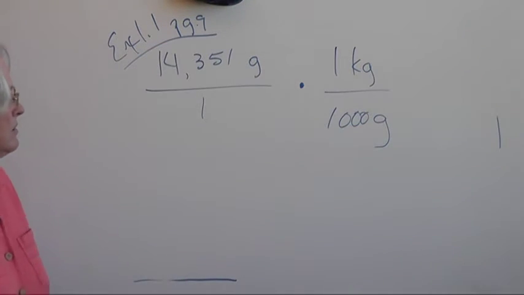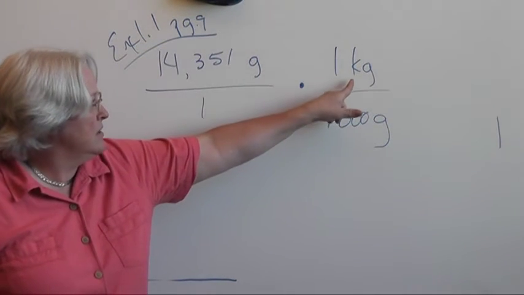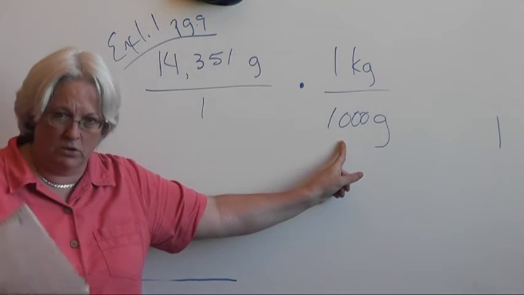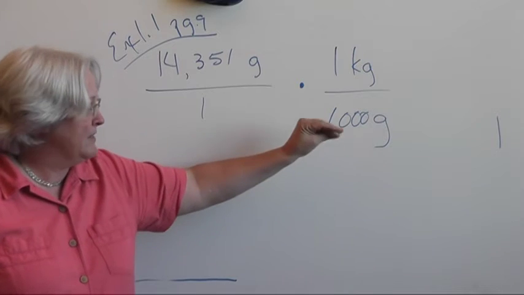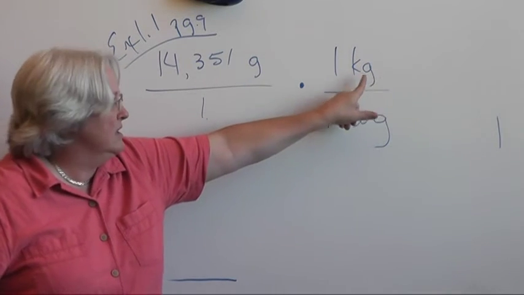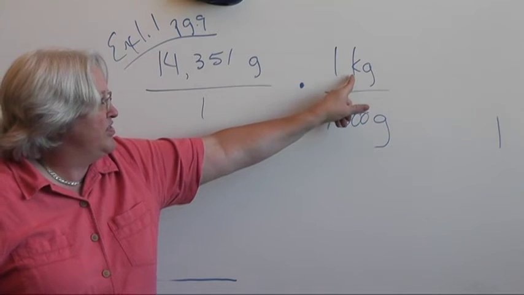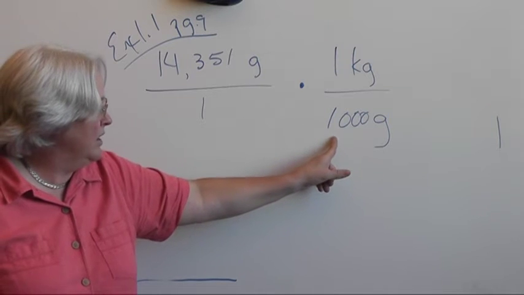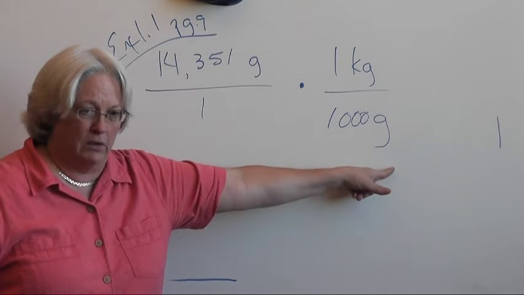Now do you see here? What's neat is this is just the words for what this says, and that's why it's so good to know the prefixes, because a kilogram is 1,000 grams.